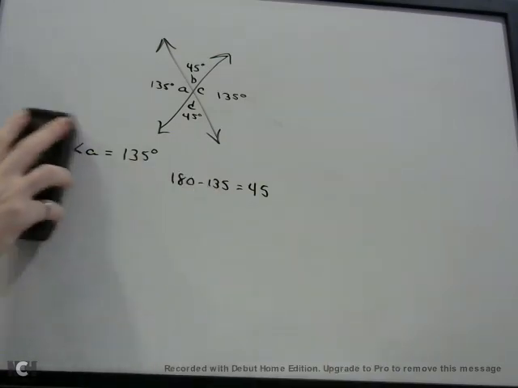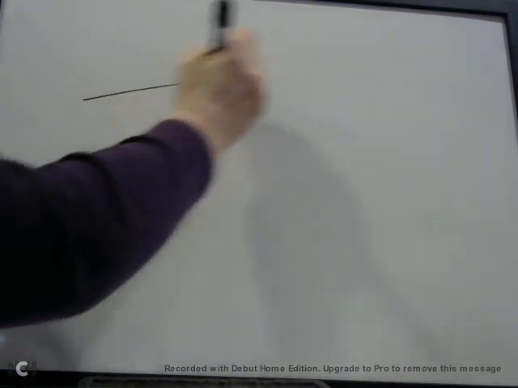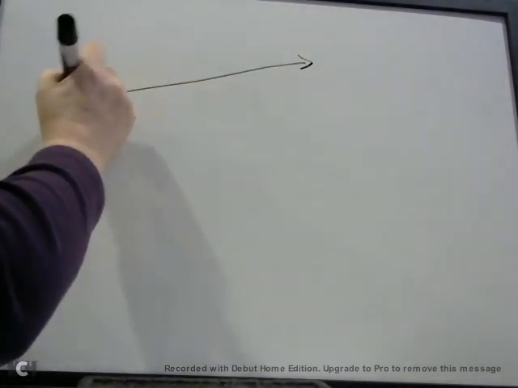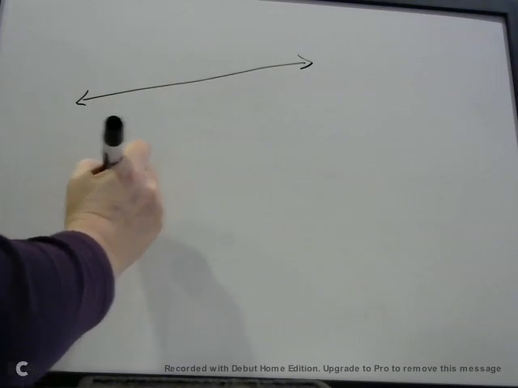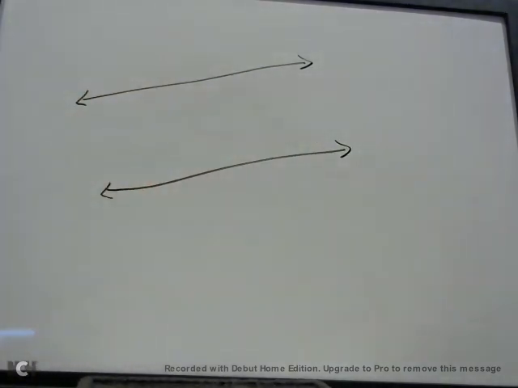Something a little bit more complicated, but that uses the same idea with one addition, is when they give you two parallel lines. I won't be able to draw these exactly parallel, but let's say we have two parallel lines. Parallel means that they never cross. They're never going to intersect.